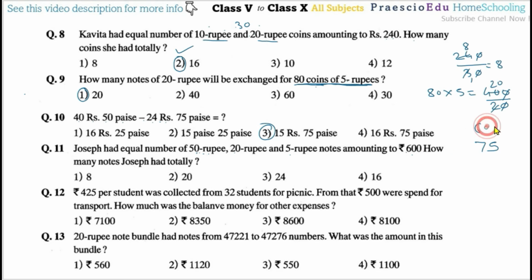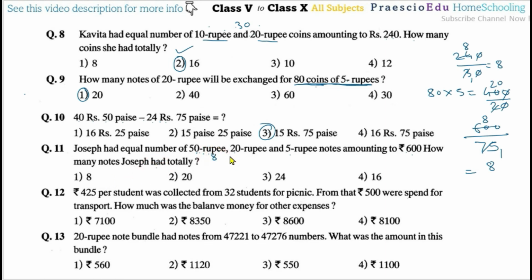So 600 divided by 75, it's 8. So each note gives 8. Okay, but here we are asked about the total notes.